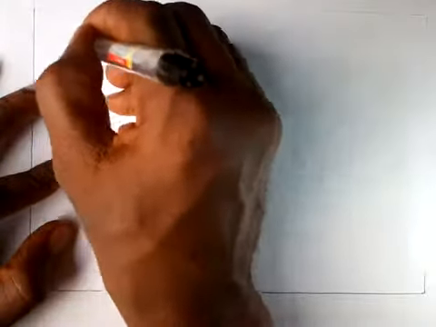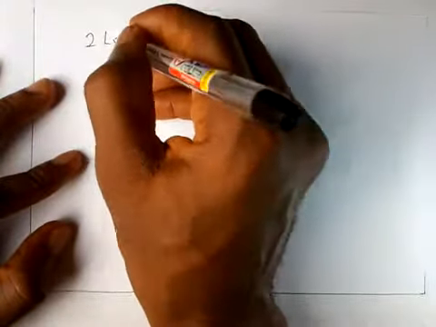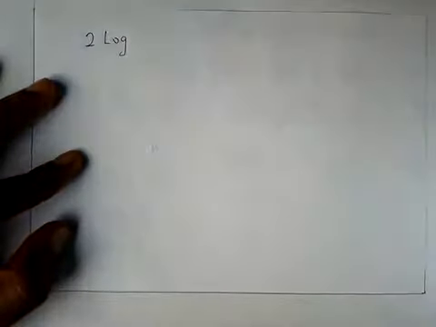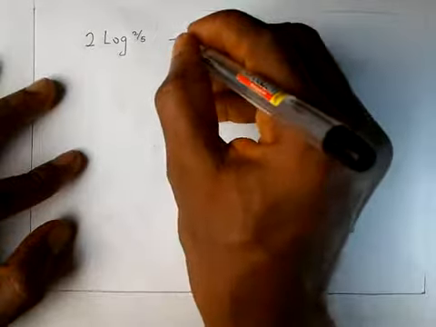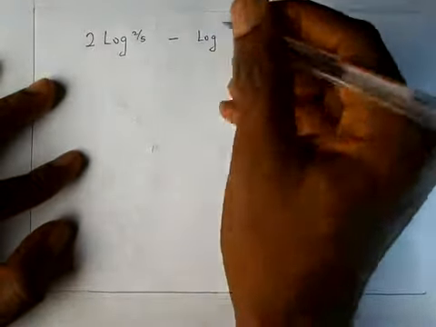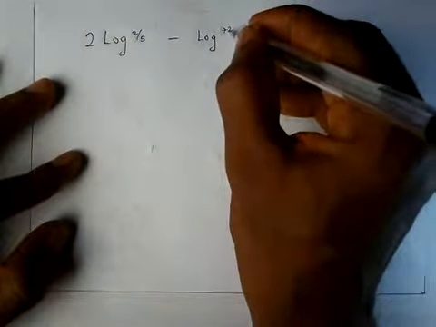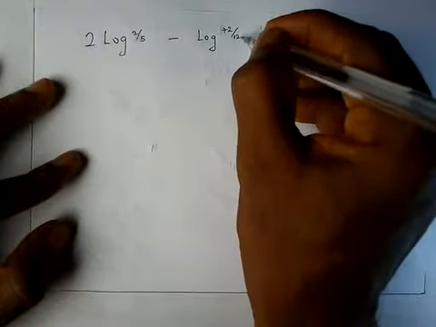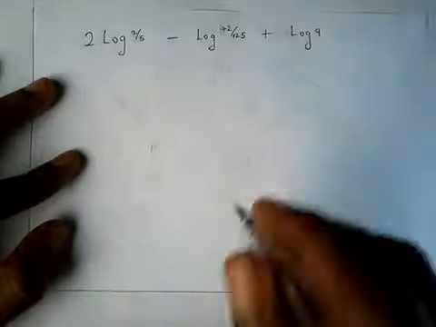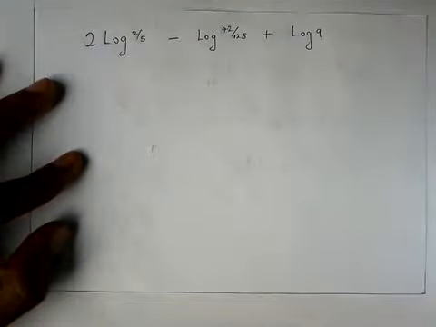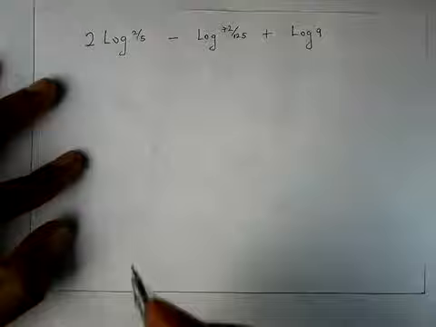The next question is demanding that we simplify 2 log 2 over 5 minus log 72 over 125 plus log 9. Don't forget, most of these questions are past JAMB questions.